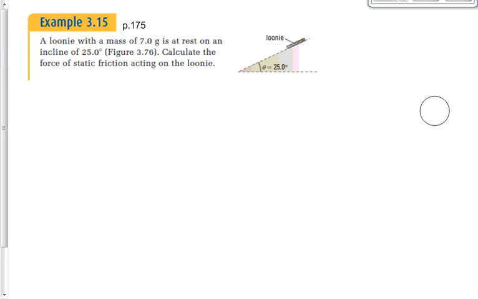Do you know where to start? Well, we should. We know that friction is pulling it up the hill. Now, it's not moving up the hill, but it's not going to move down the hill either because the loonie is just sitting there. We know there's got to be a force that's acting down the hill that counters that. The force of the hill. We know that we have a force of gravity acting down.